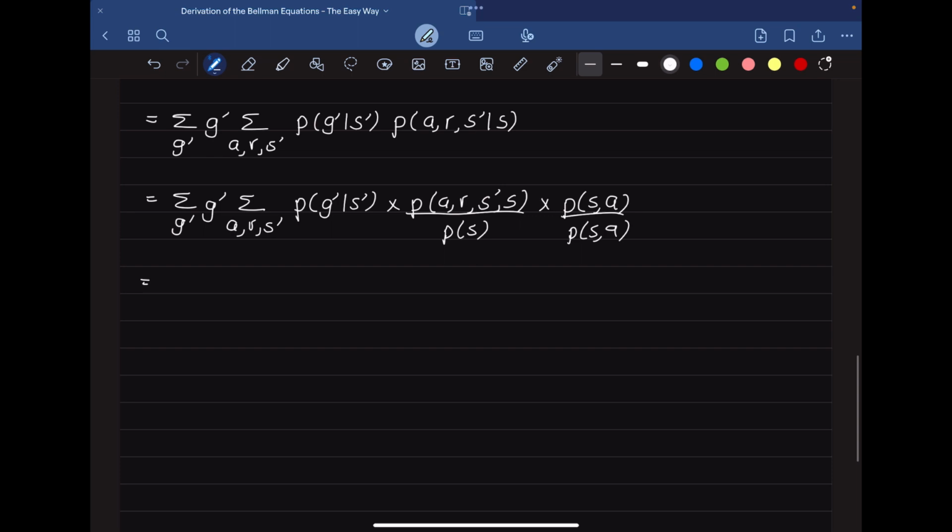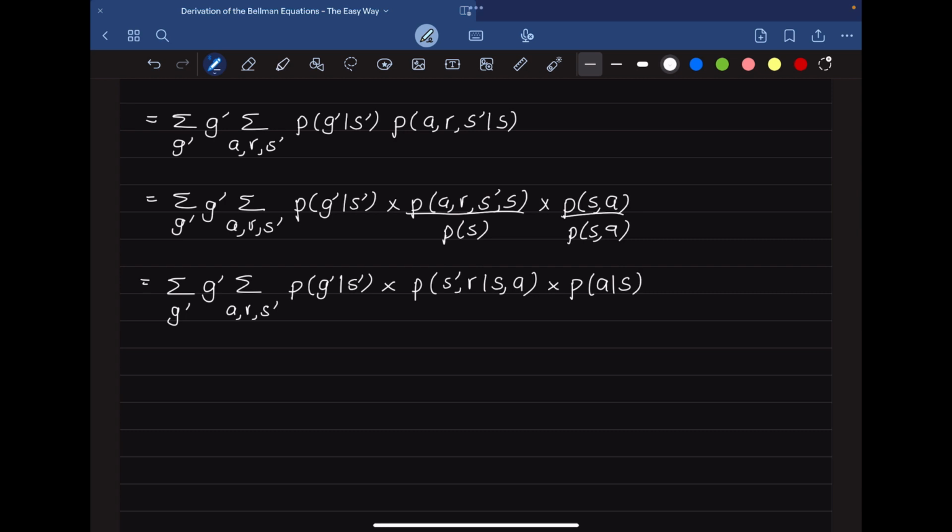And so this will now evaluate to summation over actions, rewards, next states. Now this will become the probability of going to the state s prime and getting the reward r given s and a, and this will be the probability of choosing the action a given that you were in the state s.